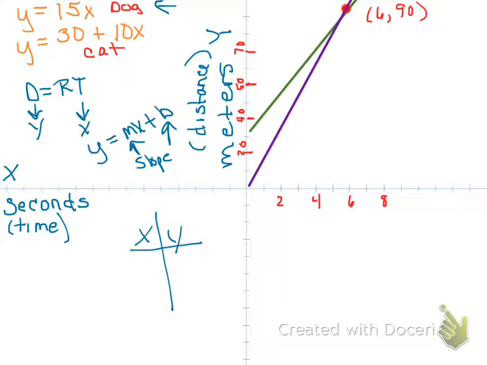We go to the y-intercept of 0, and we start going up increments of rising up 15 and going over 1. And so if you look at that, you can see that our dog there in purple starts at the y of 0, okay? And then we are going over 1 and up 15.